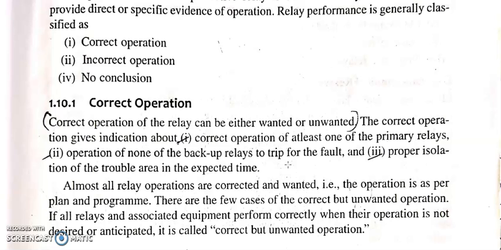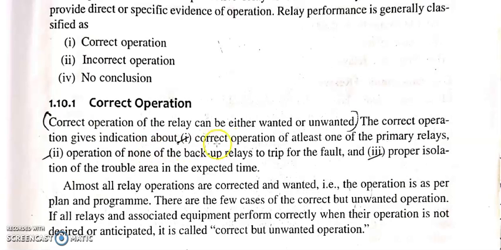Sometimes we want our relay to operate and sometimes we don't want our relay to operate. That's why it is given as correct operation of the relay can be either wanted or unwanted, that is desired or not desired.